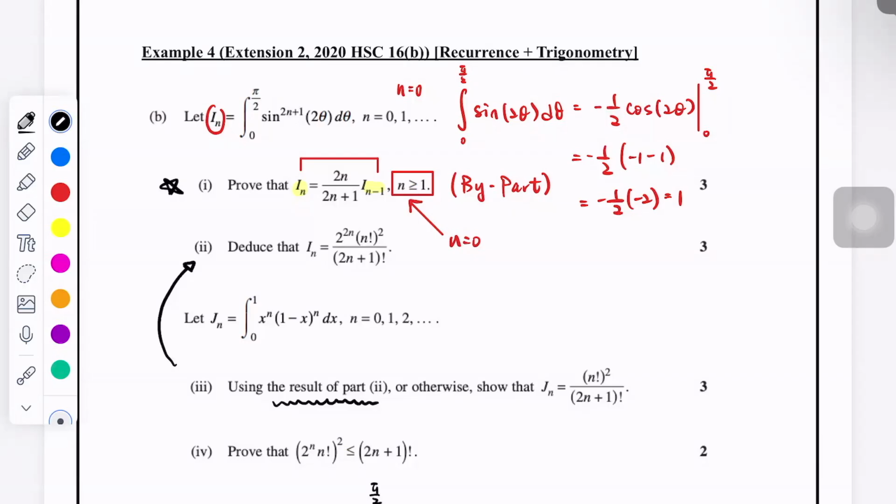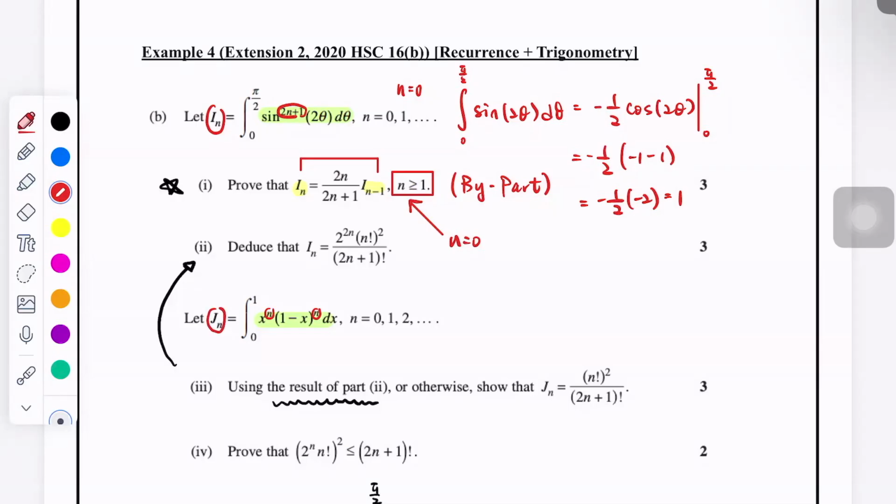I think you can look at the pattern here. Let me highlight in green. This guy. For the Jn, I reckoned that the Jn and the In are pretty similar, in the sense that, especially for this one, the power can be split up into 2 parts, and also it is another guy Jn.